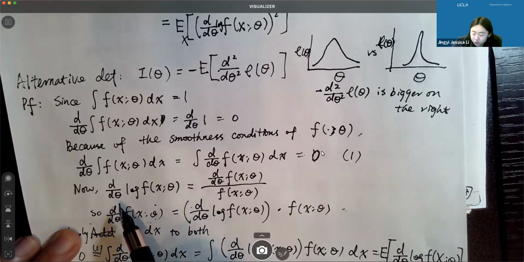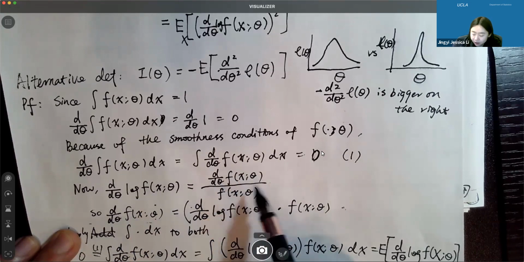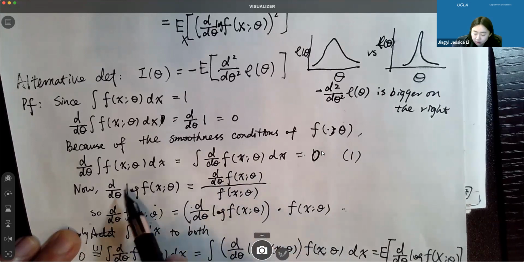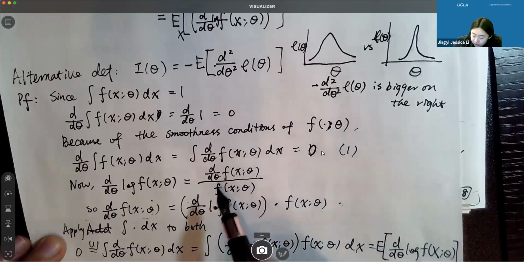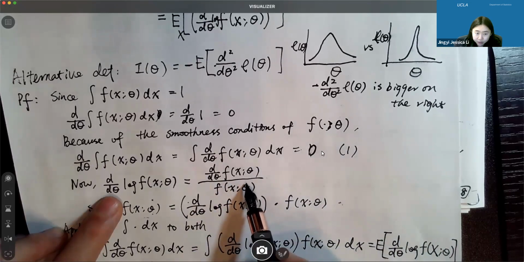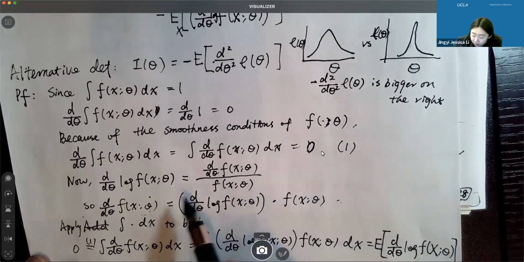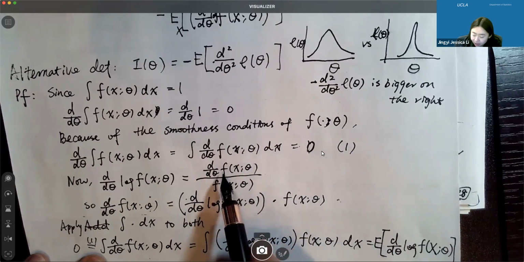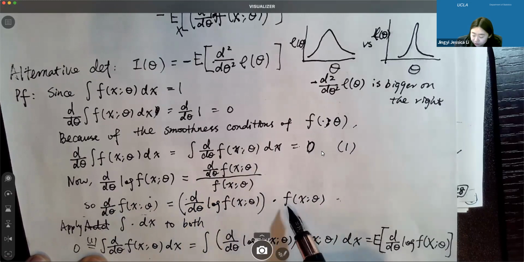Using the chain rule, we get the derivative in this way: 1 over f of x and theta comes from the log part, and then we differentiate f. This is a key relationship based on the chain rule and the log property. We can write the derivative of f as the derivative of log f times f.